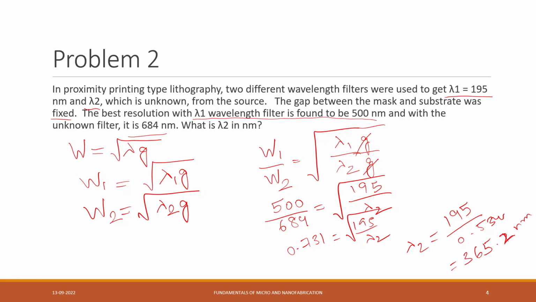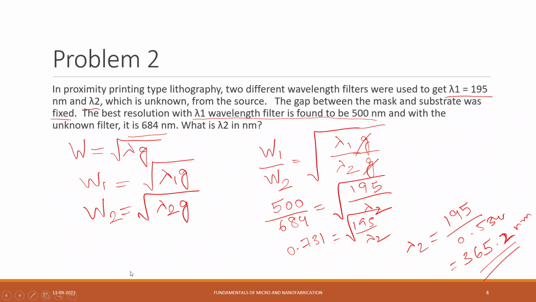Okay, so that's the answer. Some of you might have got something closely related because you might have taken some approximation. So something like 361 to 366 I think is okayish. That range is okay.